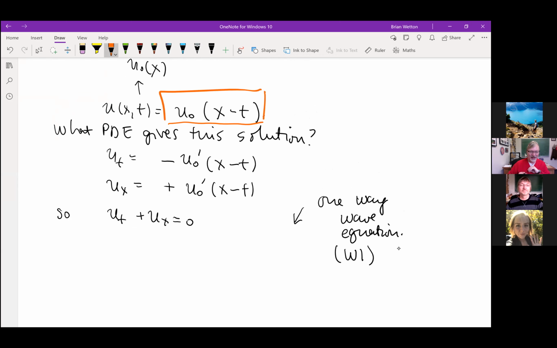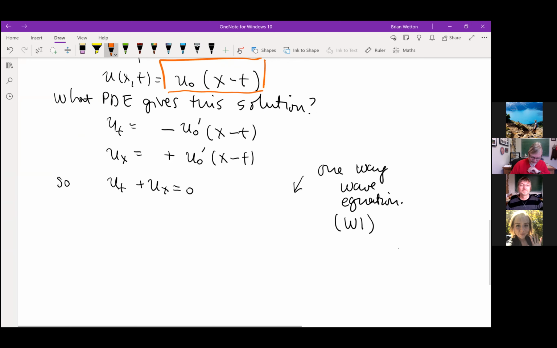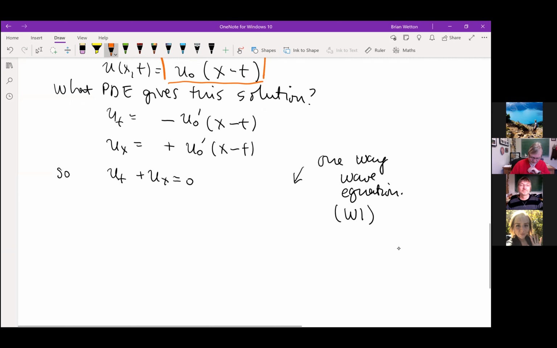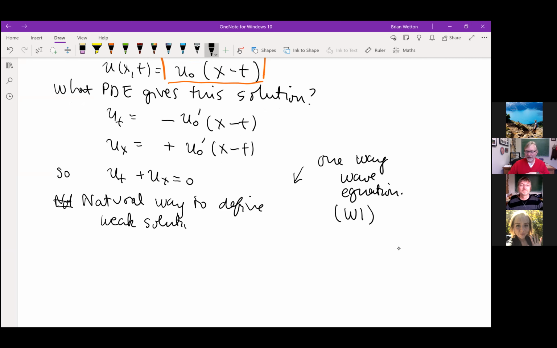But since we've got this form, I know that there's a natural way to define weak solutions. Remember, weak solutions are ones which you feel should satisfy the problem that you've written down, but don't have enough derivatives to actually put into the equation and have it be equal to 0.